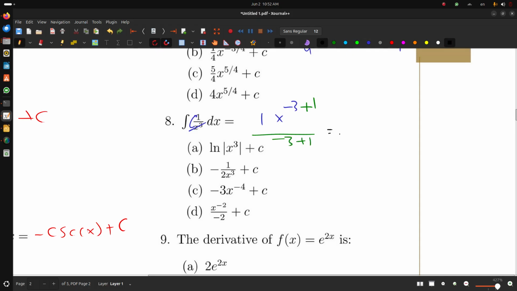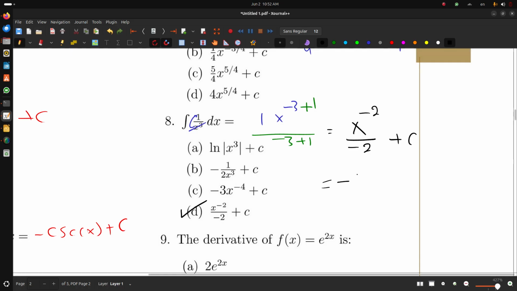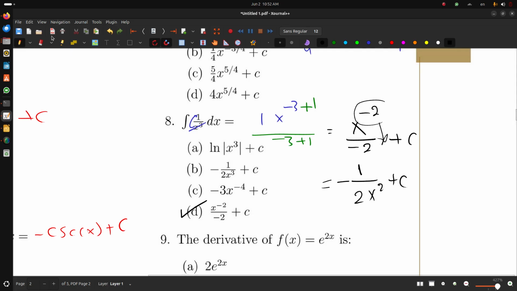So the final answer will be x power negative 2 over negative 2, and don't forget plus c. So it will be the last option. Okay, and you could find it in another form. You could find it like negative 1 over 2x power 2 plus c, because this one will go back to the denominator with the inverse sign.